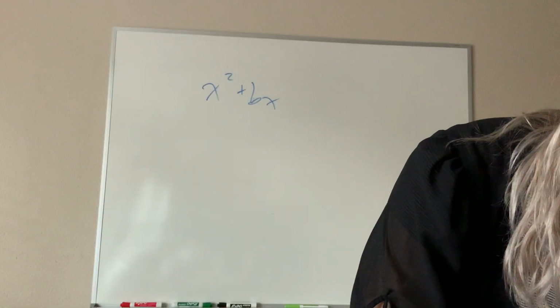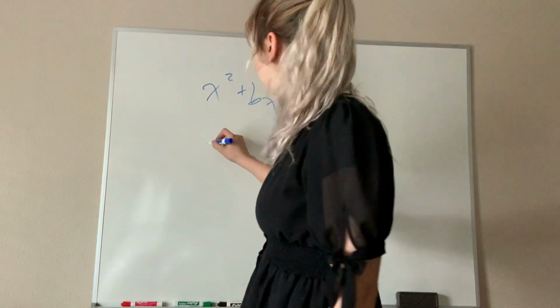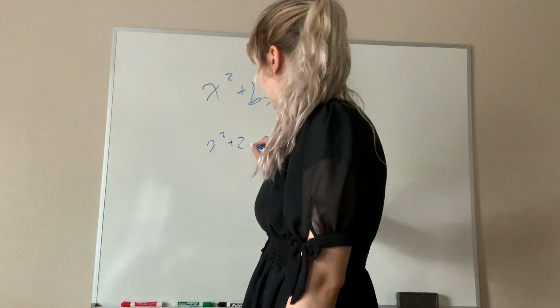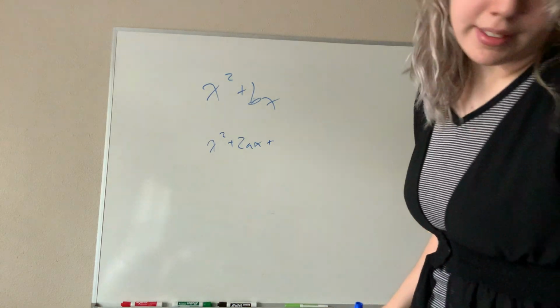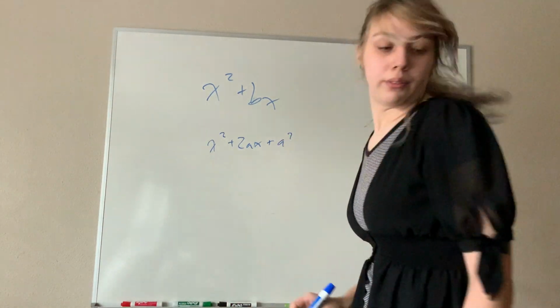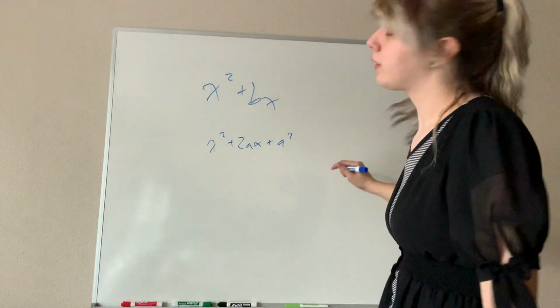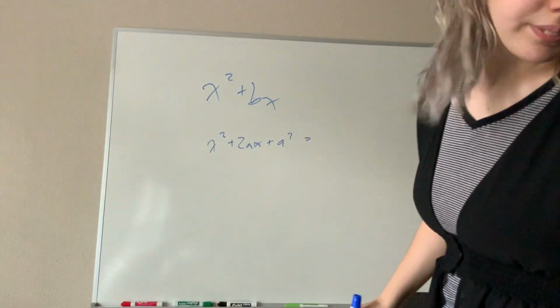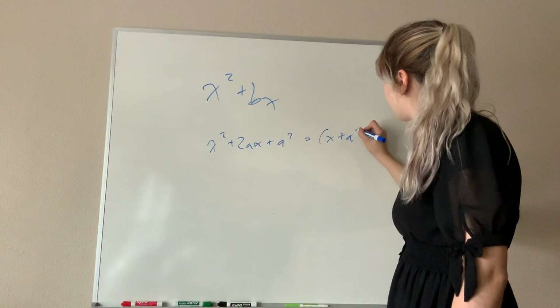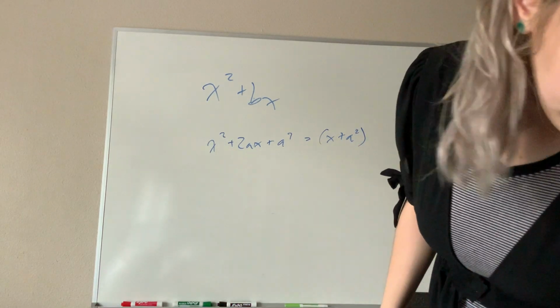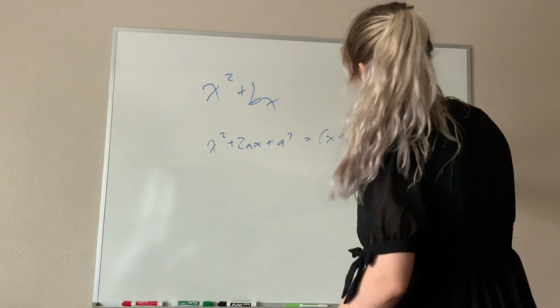So when we have x squared plus 2ax plus, is it going to be a squared? Yeah, a squared. We're going to want it to equal x plus a squared.